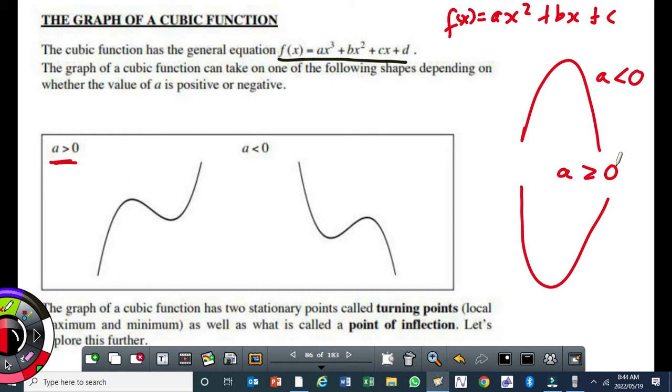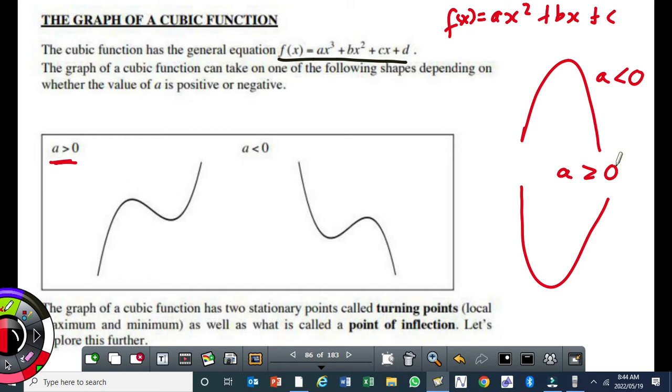When a is negative, for the cubic, you start with a minimum, but for the quadratic, when a is negative, you're going to have a maximum. That's how I remember it. I use the quadratic to be able to know the shape of my cubic graph. You can decide which way you prefer.